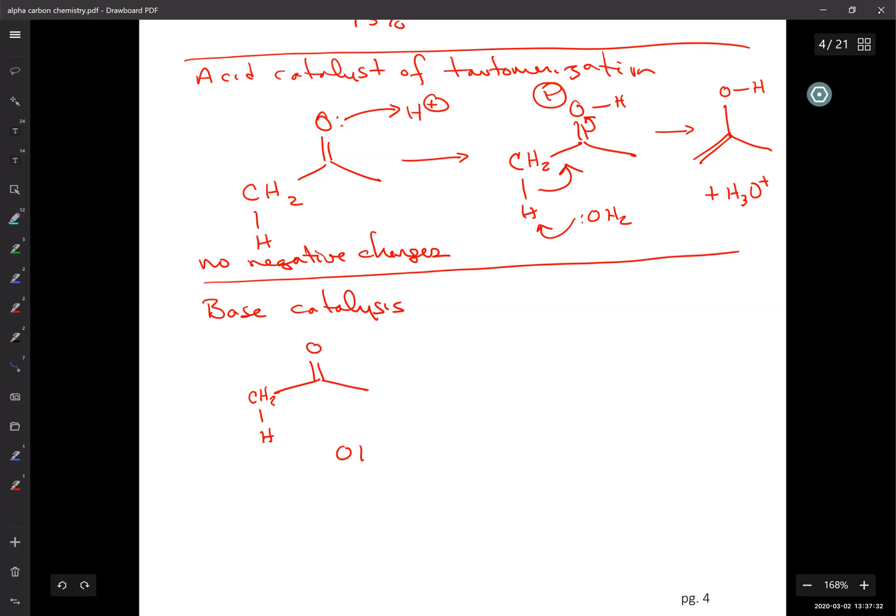The base in an aqueous solution would be like sodium hydroxide. And then you get this species. So this is the enolate. So this is an enol. This is an enolate.